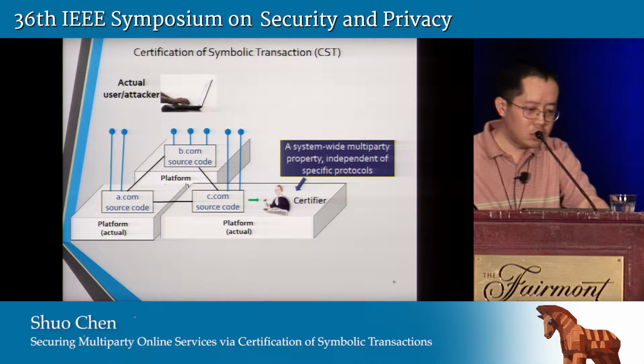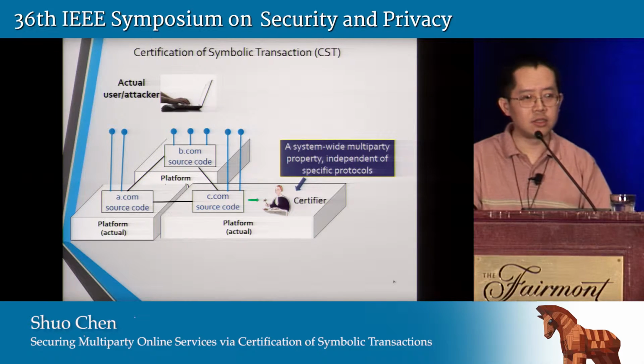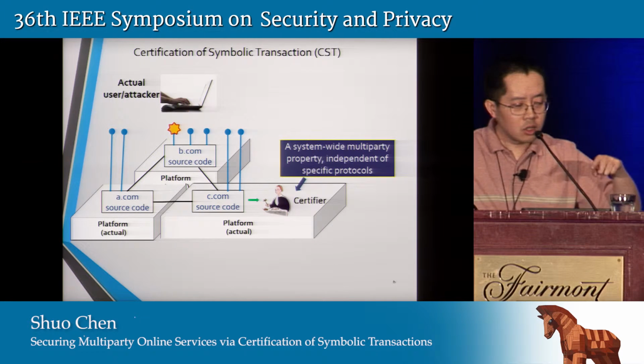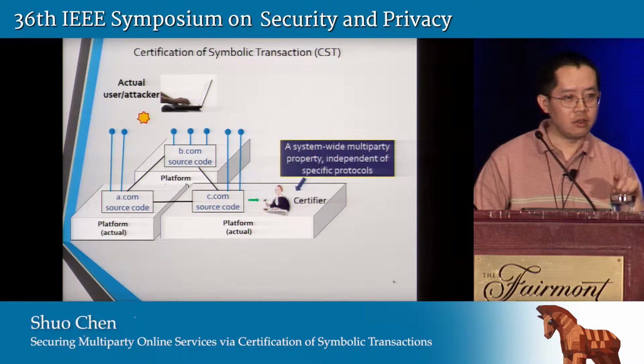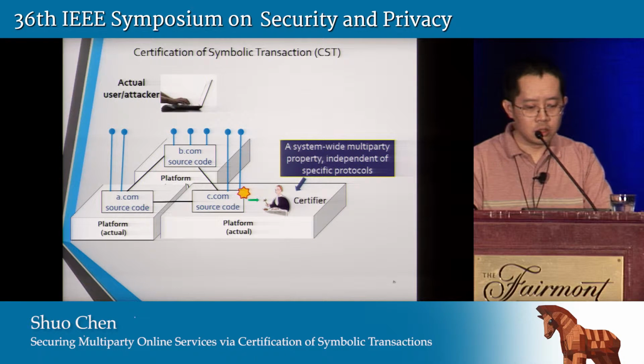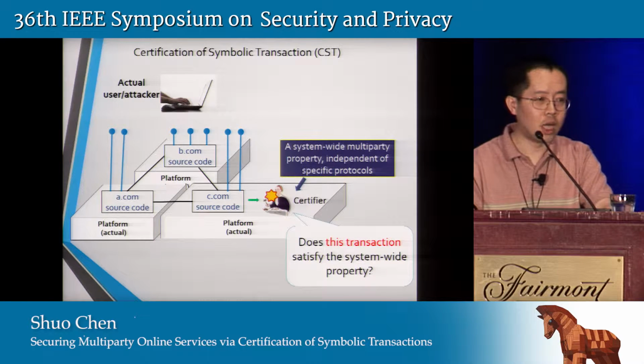Now, CST doesn't need to model the attacker either, because we just allow the user to interact with the system for real. In other words, every transaction just concretely happens in the system. And then at the end, the certifier checks if this transaction satisfies the system-wide property.